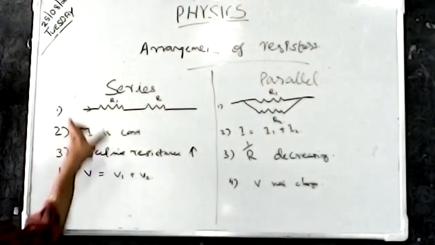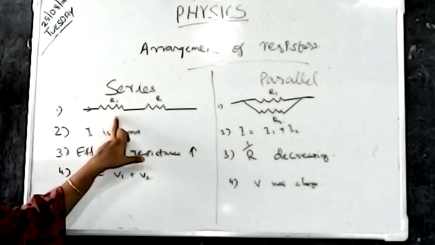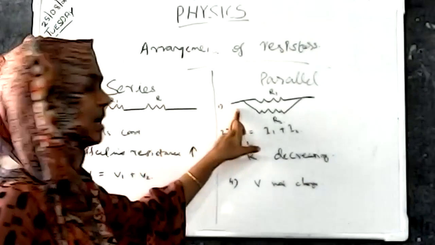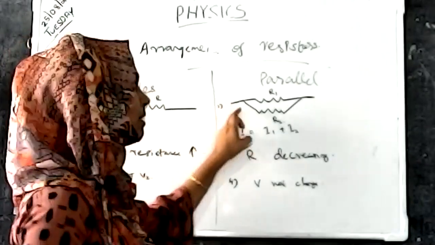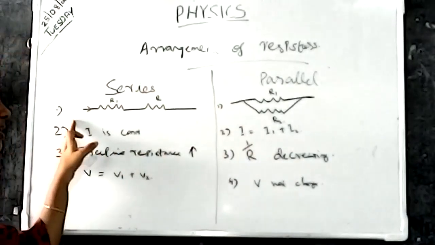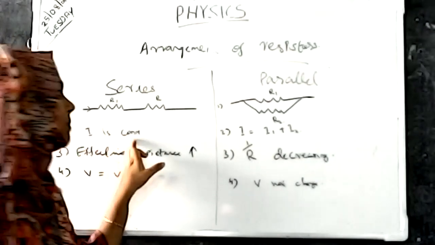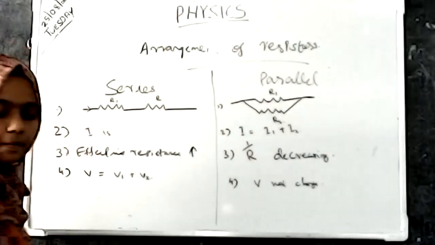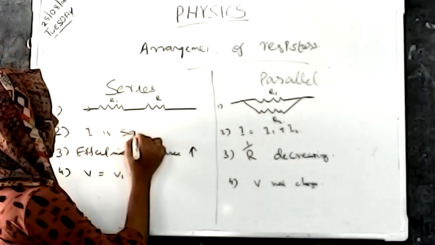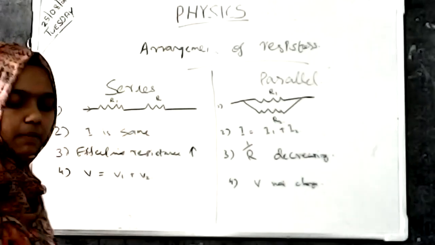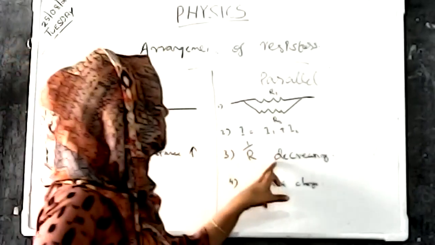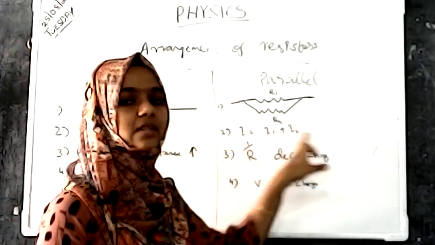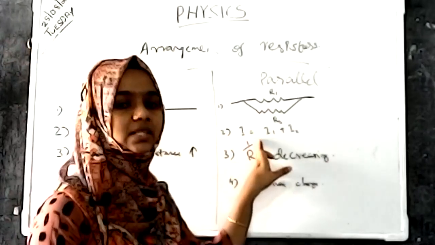So we discussed that in the series connection the resistors are connected one after another, and in the parallel connection the resistors are connected like branches. In the series connection I is the same in all the resistors, and in the parallel connection I is I1 plus I2 because the current is splitting here.